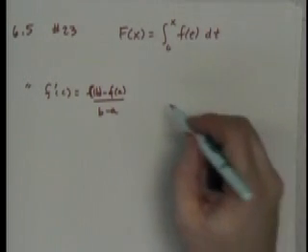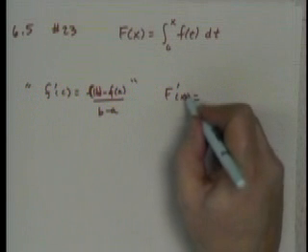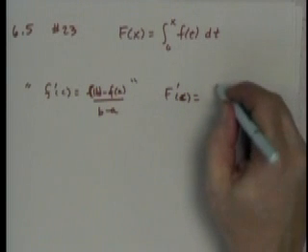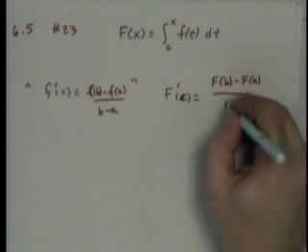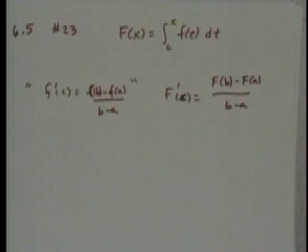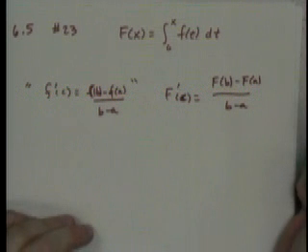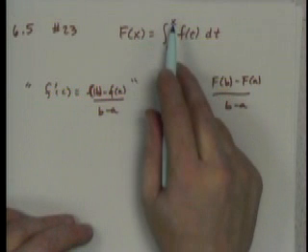So in our case, I should be able to say F prime of c equals F of b minus F of a over b minus a, with a capital. Now my a and b here are 0 and x.